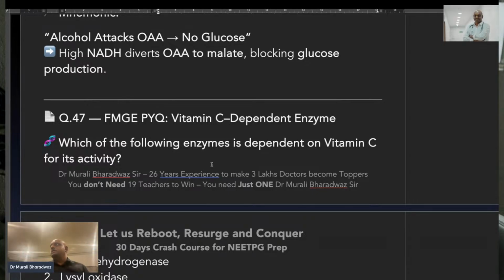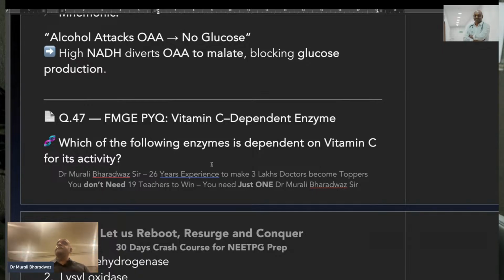Then glycolysis. A compulsory question will come on glycolysis. Gluconeogenesis, glycolysis, pentose phosphate pathway, then glycogen breakdown, glycogen synthesis.